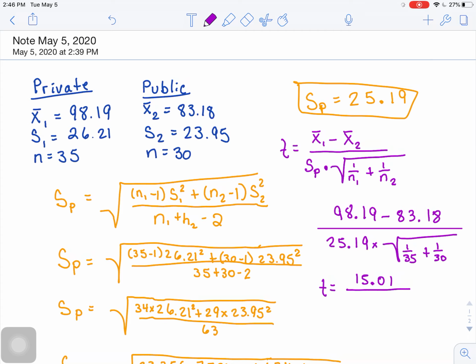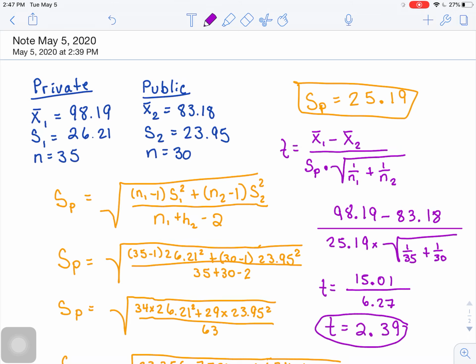And when you add your fractions first, take the square root and then multiply by 25.19, you get 6.27. And when you divide that out, you get your test statistic of 2.39. That went much faster than finding the pooled sample standard deviation. But that's our test statistic, and that's something that we're going to need in order to determine if there is or is not a difference between private institution salaries and public institution salaries.